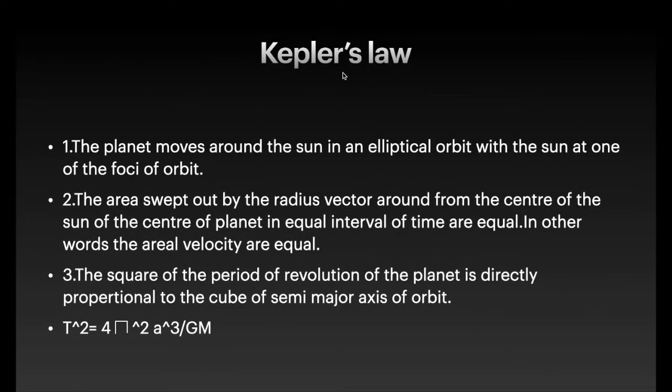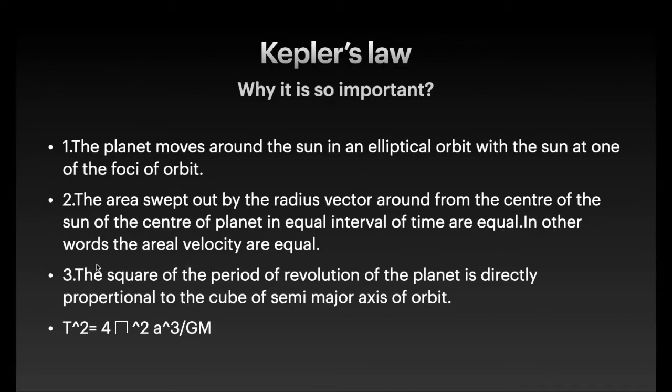Kepler's laws of motion, why is it so important in the motion of planets? First, the planet moves around the sun in an elliptical orbit with the sun at one of the foci of the orbit. Second, the area swept out by the radius vector from the center of the sun to the center of the planet in equal intervals of time is equal.